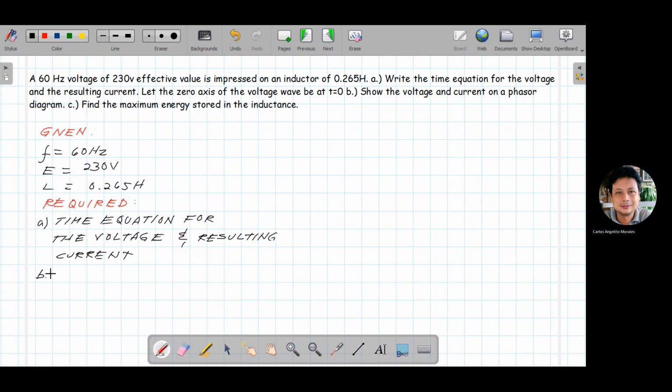Letter B, yung phasor diagram daw. Letter C, the maximum energy stored, no? Which is, ano bang Greek letter yan? So, solution.